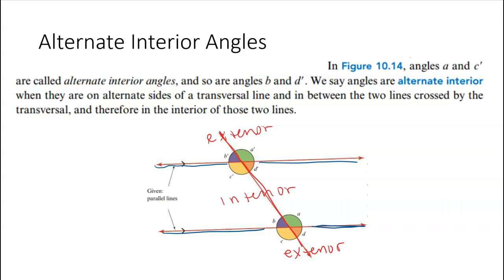So alternate interior angles are B and D prime. Alternate meaning they're on the opposite side of the transversal, and interior meaning that they're inside of these two lines. So B and D prime, and then C prime and A are alternate interior angles.